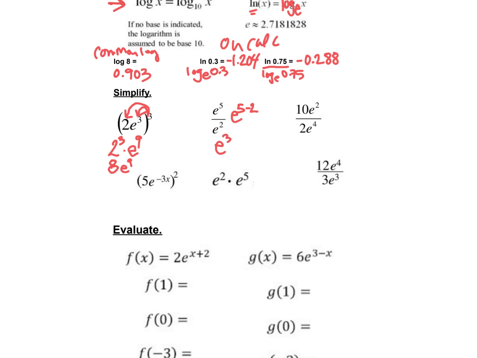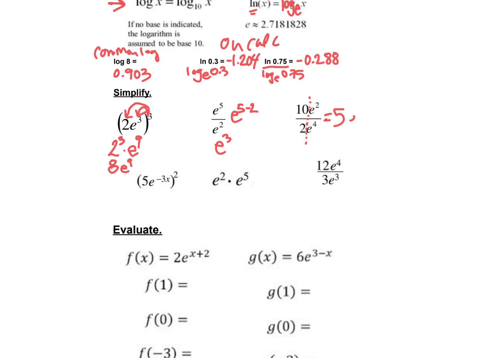Okay. This guy over here, 10 e to the second over 2 e to the fourth. I like to put a little wall in between there just to separate those. And what's 10 divided by 2? Oh, we know that. That's 5. Okay, put a little equal sign there. And then what's e squared over e to the fourth?